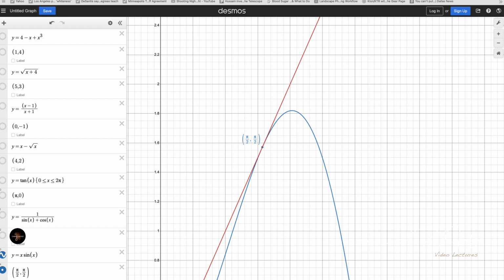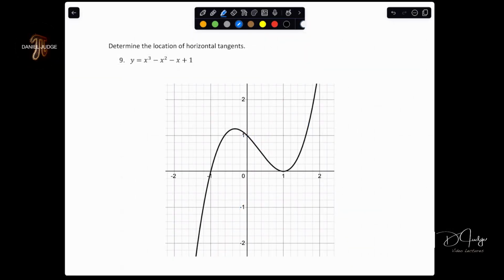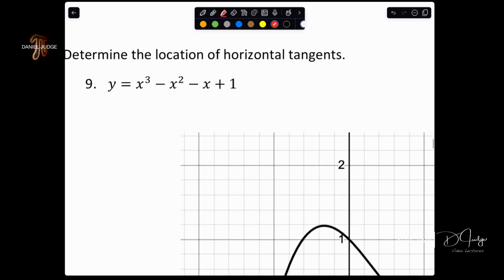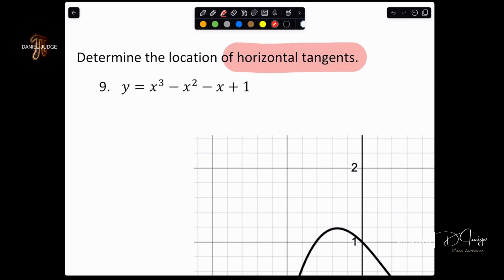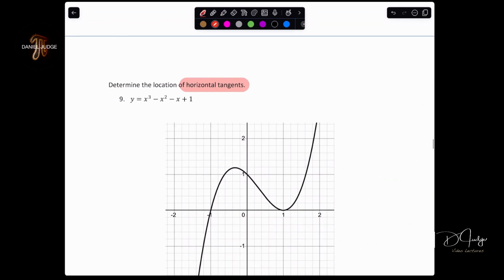Question 9 is a different question. Nine, ladies and gentlemen, is we're going to try to find the horizontal tangent lines, to this particular curve right here.